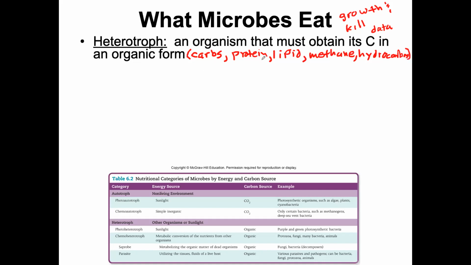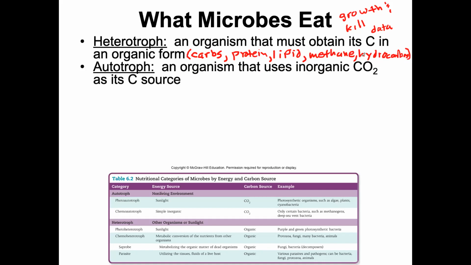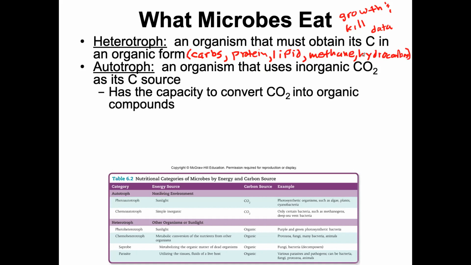But that carbon hydrogen bond is in all of these, and so that provides a lot of power when you snap it. An autotroph is something that uses carbon dioxide as its carbon source and can convert the carbon dioxide into the stuff that we listed for a heterotroph, into organic compounds like you see up here.